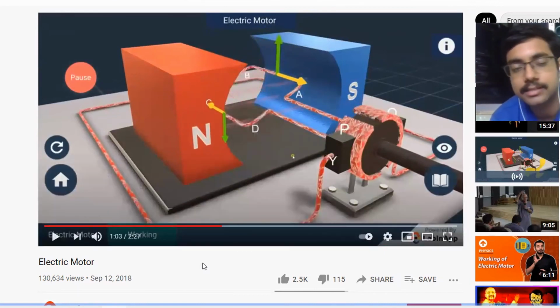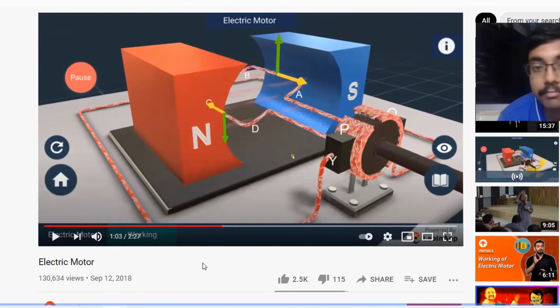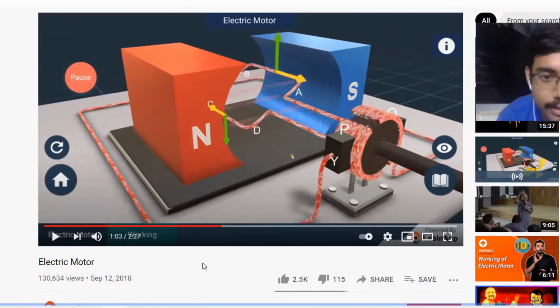Observe the green lines that are the force. I mean, that is the direction of force that is being acted.